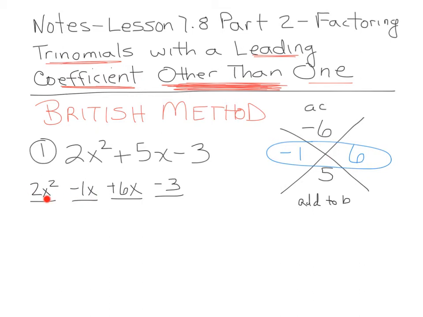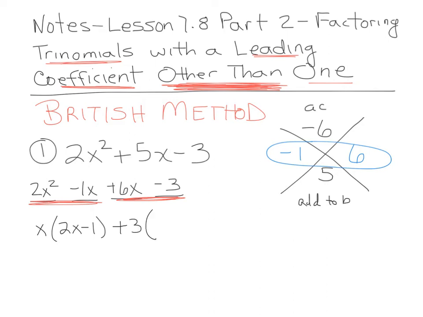Between these first two, look for a GCF. The GCF is going to be x. Factor out an x. You'll be left with 2x minus 1. In the second two, there's a GCF of 3. I think I'm going to try 3.